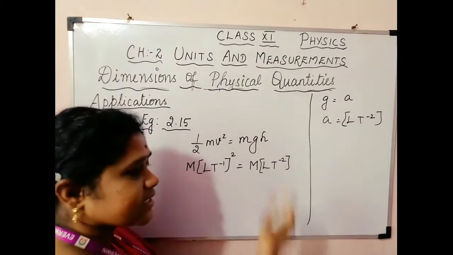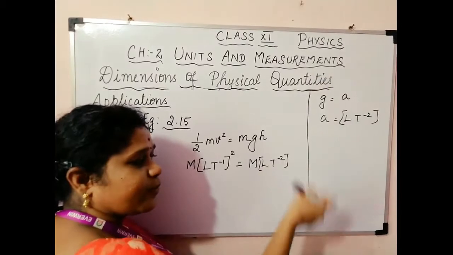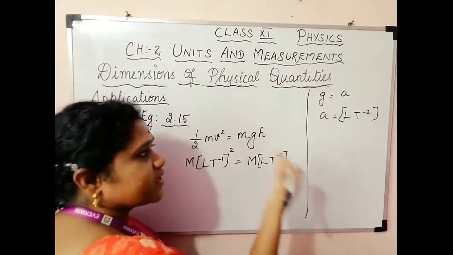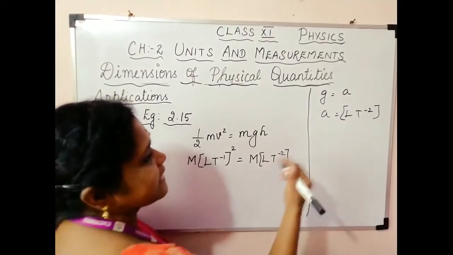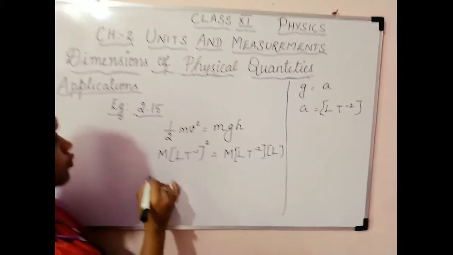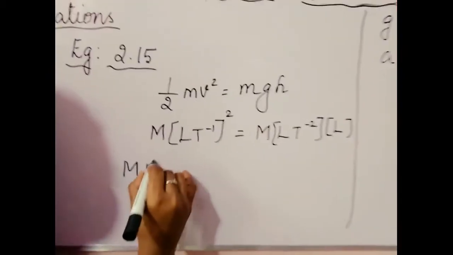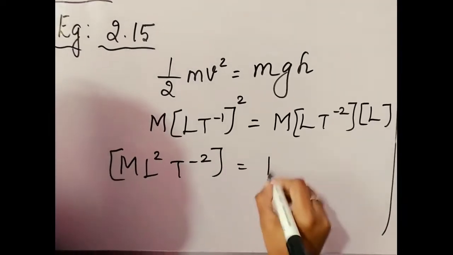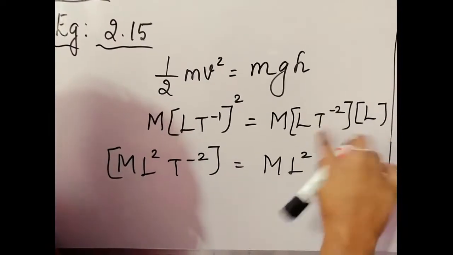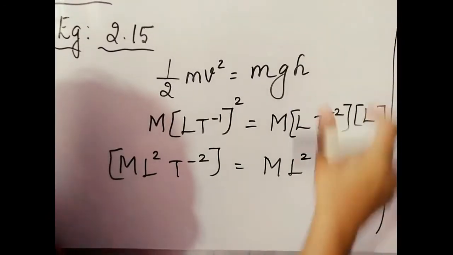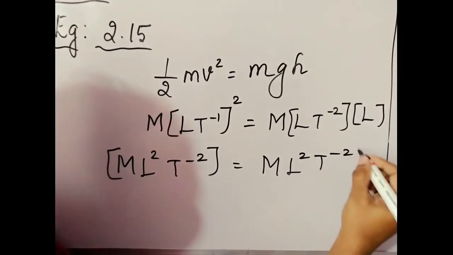And height is also distance between two points, so again we have come to distance. The dimensional formula for distance is L. So if you solve, M L square T power minus 2. The base is the same, so powers should be added. L T power minus 2.